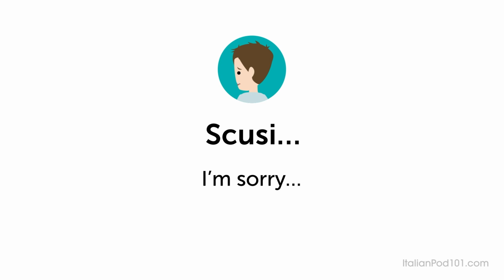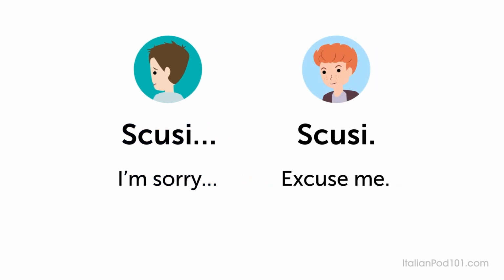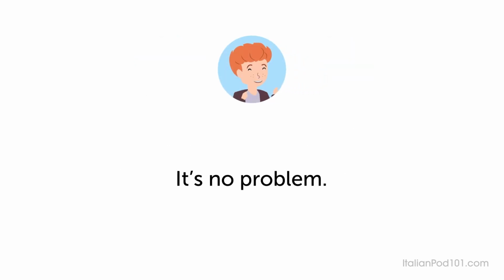So here scusi means I'm sorry, while in the first dialogue scusi means excuse me, as Ben is trying to get the passenger's attention. The meaning of scusi depends on context. Do you remember how Ben replies, "It's no problem"?